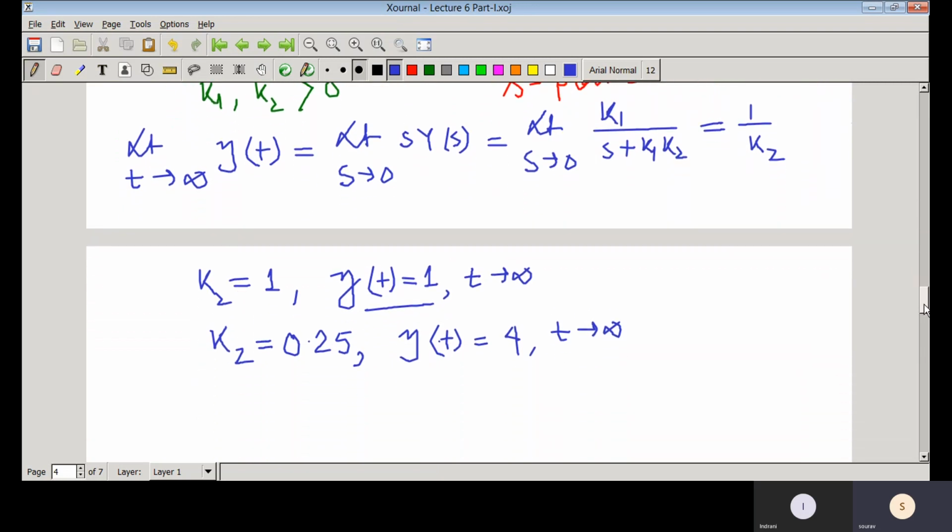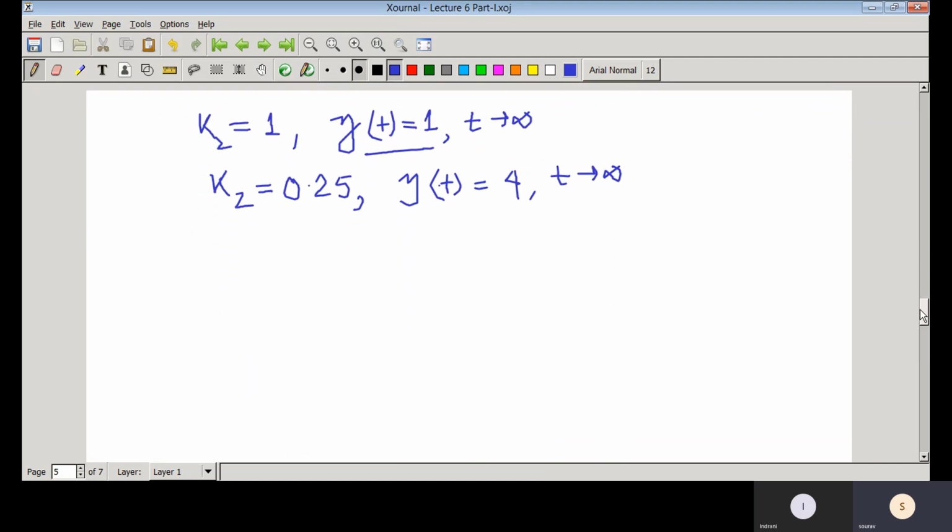One important thing to note: for applying the final value theorem, you first need to check whether sF(s) is analytic in the closed right half of the s plane. If it is not analytic in that region, you cannot apply the final value theorem, and if you apply it, you will get a wrong result.